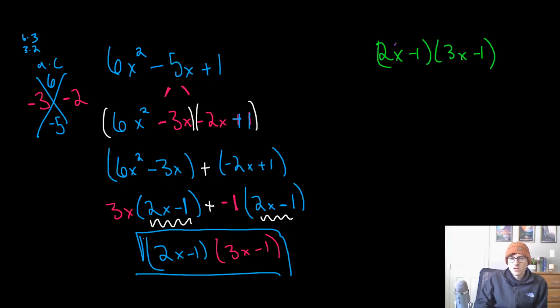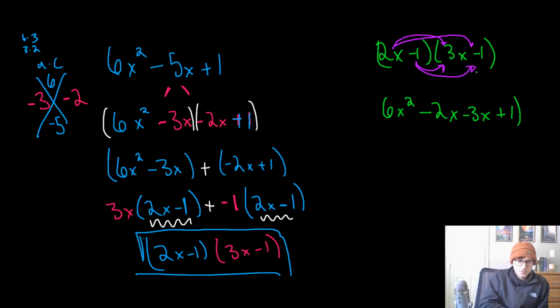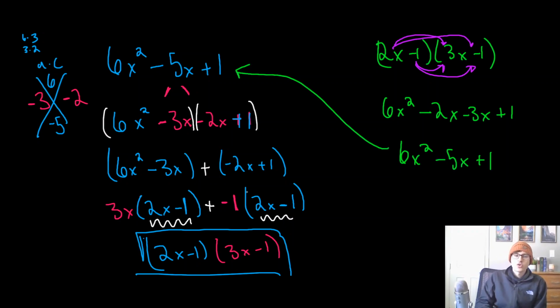And I distribute the 2x and the minus 1 and the 2x and the minus 1. 2x times 3x is 6x squared. 2x times negative 1 is negative 2x. Negative 1 times negative 3x is negative 3x. And negative 1 times negative 1 is positive 1. Okay, 6x squared minus 5x plus 1. That was what we had right here. So it shows that our answer is true.